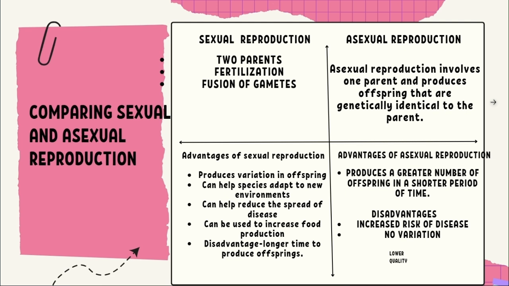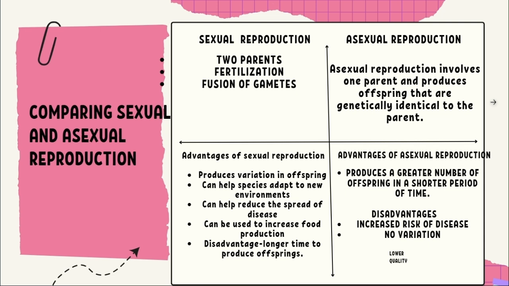And one of the biggest things when you're comparing asexual and sexual reproduction is that asexual reproduction is so unique because it has one parent involved, right? And what's so unique about asexual reproduction is that the offspring are literally identical to the parent. When I say identical, it means identical. You know, like twins, right?